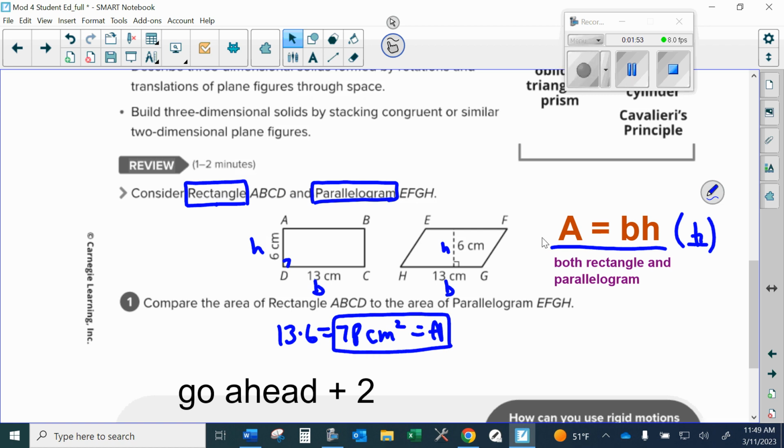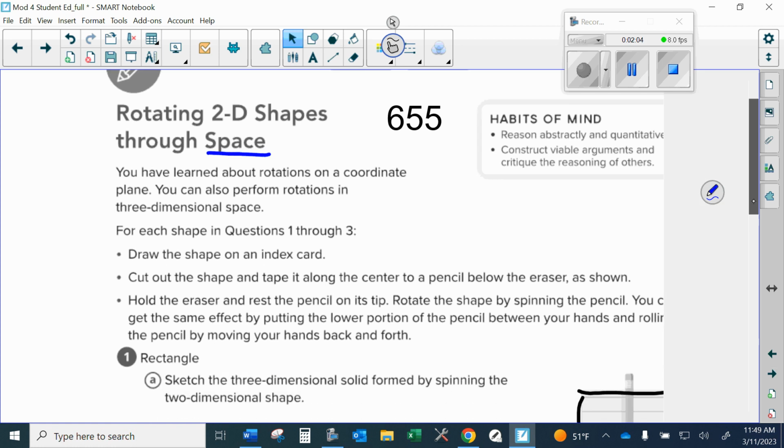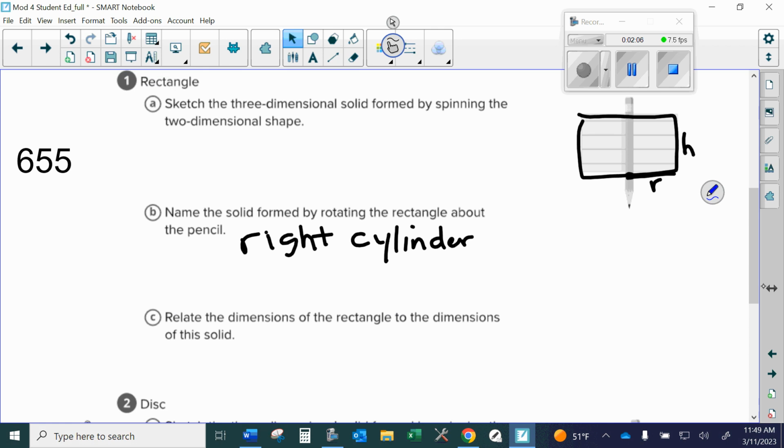Okay, go ahead 2 pages. Rotating two-dimensional shapes through space, which is three-dimensional. It's page 655. Okay, so it says sketch a three-dimensional solid formed by spinning the two-dimensional shape. So we take this rectangle right here that's attached to a pencil, that's the rectangle, it's two-dimensional, spin it on the pencil and it makes a three-dimensional object, and that creates a right cylinder.